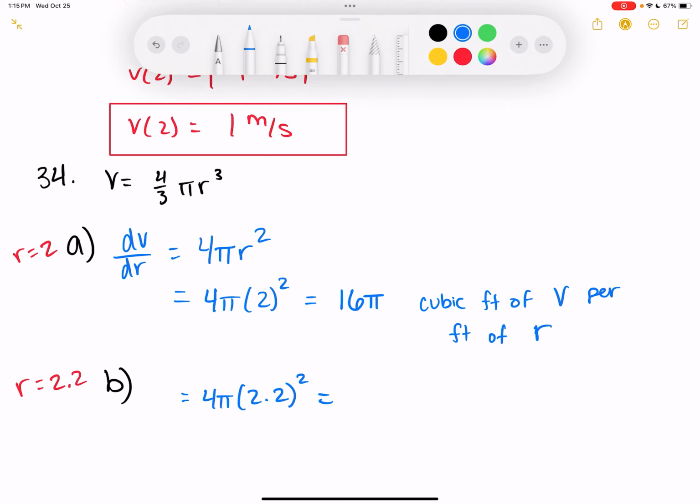I need a number, so if somebody wants to multiply 16 times pi and tell me what that number is out to 2 decimal places, that would be great.